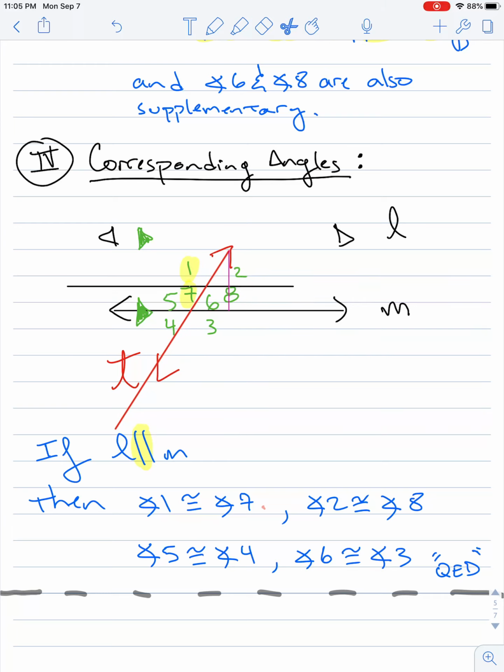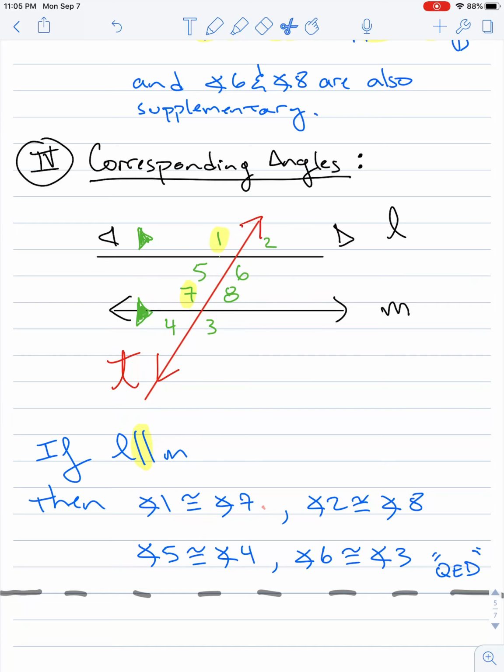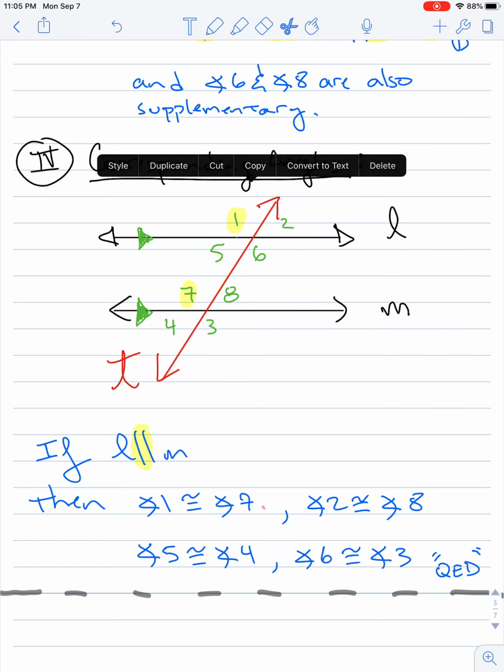You see how angle 1 corresponds with angle 7? And you see how angle 2 corresponds with 8. You also see how angle 5 corresponds with 5. And you can see how angle 6 corresponds with 3. And they are the same angle, the exact same measurement. All right, and that's what they call a corresponding angle. And you can see that being listed right down here. Okay, that's it.